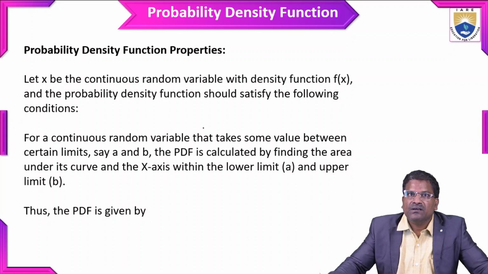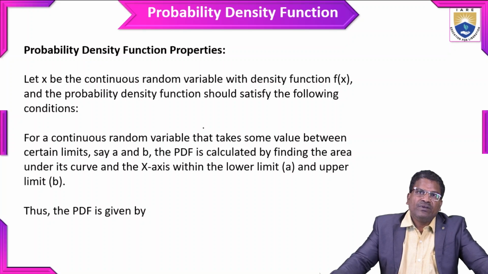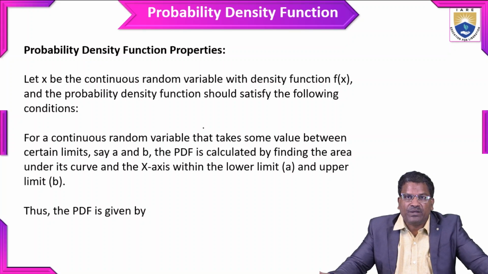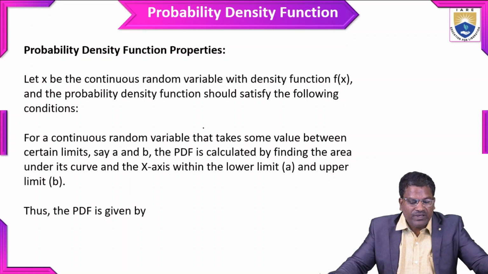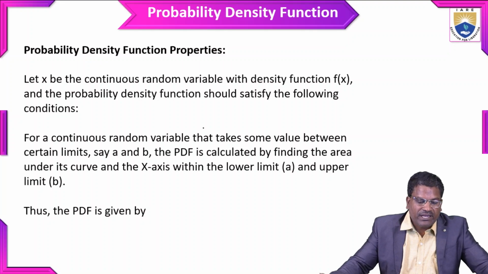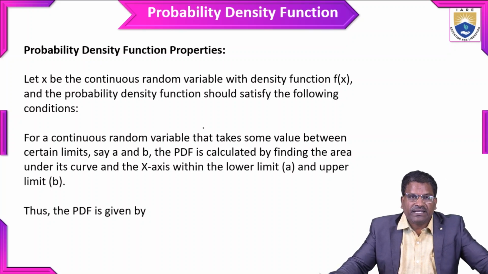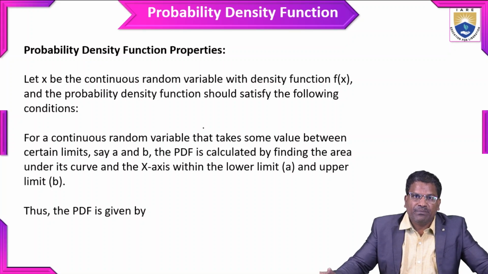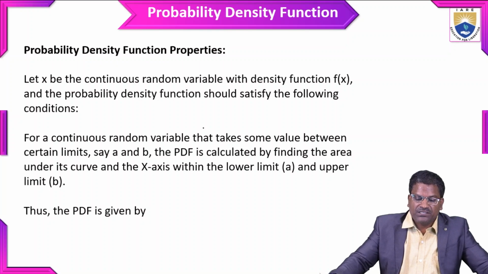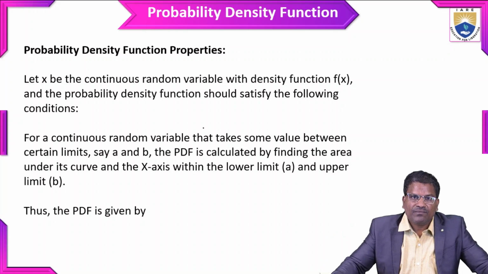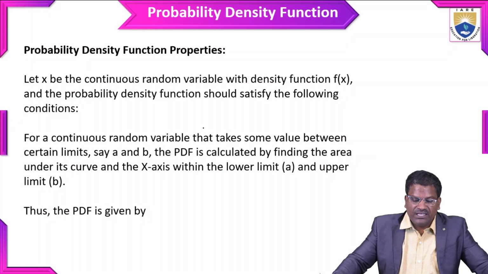So probability density function properties, once again we can discuss. Let x be the continuous random variable with the density function f of x, and the probability density function should satisfy the following conditions. For a continuous random variable that takes some value between certain limits, say a and b, the probability is calculated by finding the area under its curve and the x-axis within the lower limit a and upper limit b.